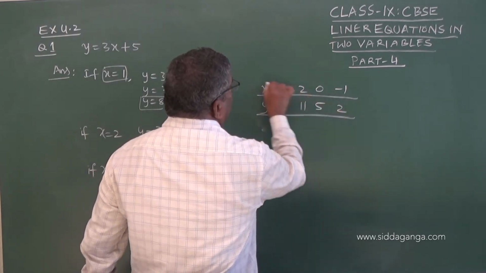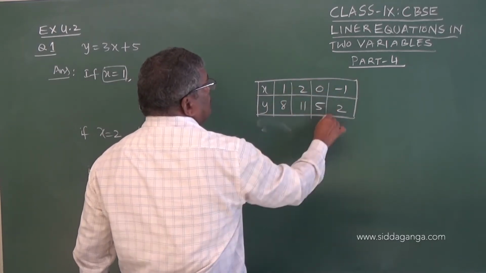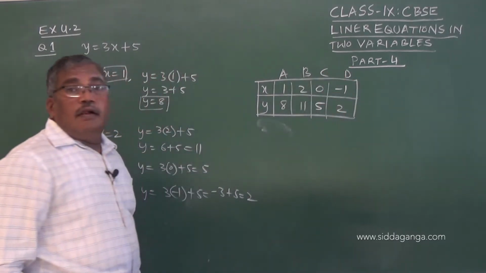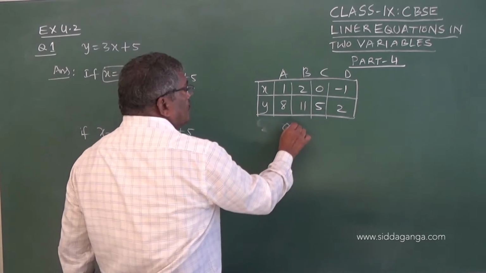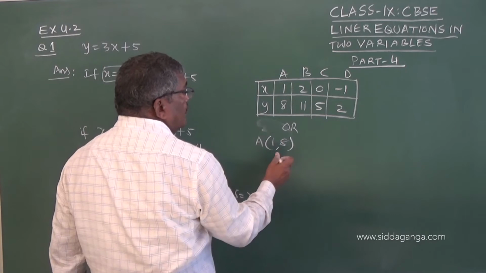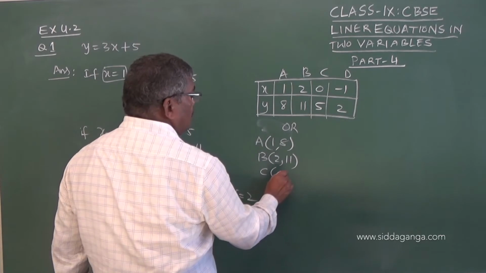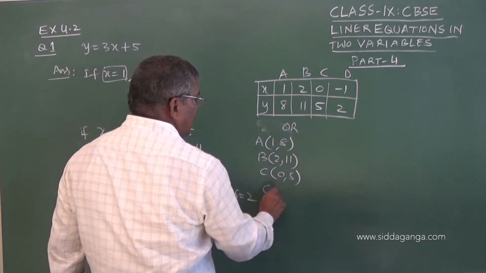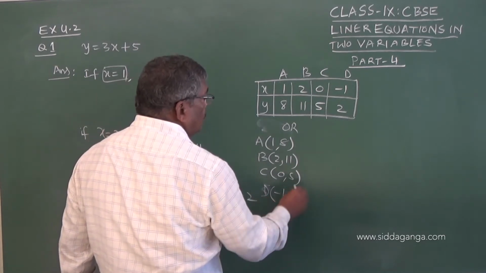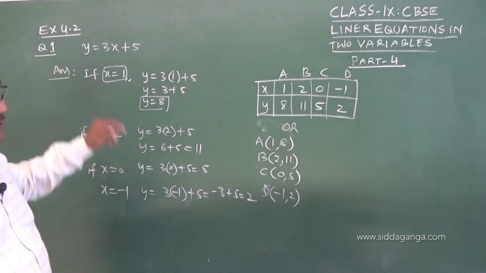So these are the values we got. I will call these A, B, C, D. Or you can represent like this: A (1, 8), B (2, 11), C (0, 5), and D (minus 1, 2). So these are the solutions. All these are solutions of this equation.